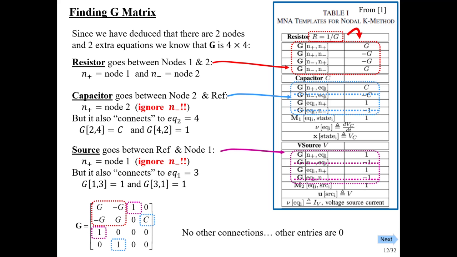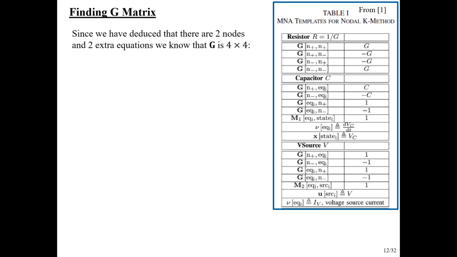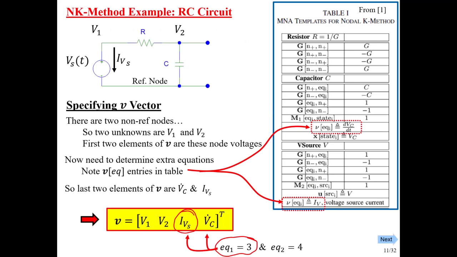We have our G. Now, at this point, you might say, hey, I know the resistor and I know the capacitor, so I can plug in numbers here and I'll have a numerical G. Not necessarily a good idea to do that, because we might be building a circuit here where we don't know in advance what the R and C are going to be. So we want to solve this symbolically, or we might have a variable resistor here.